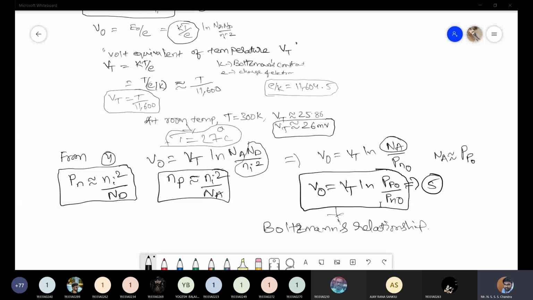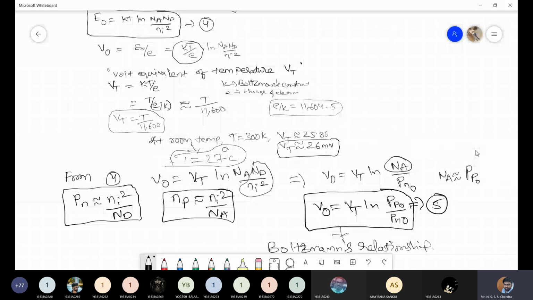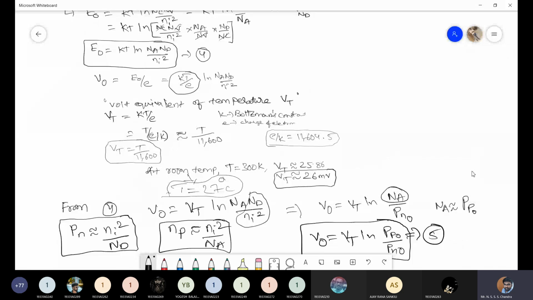Okay, scroll up. In the last equation, I have done nothing new. Already you know from the mass action law that n into p is equal to ni square. In n-type material, I consider it as nn into pn equal to ni square.